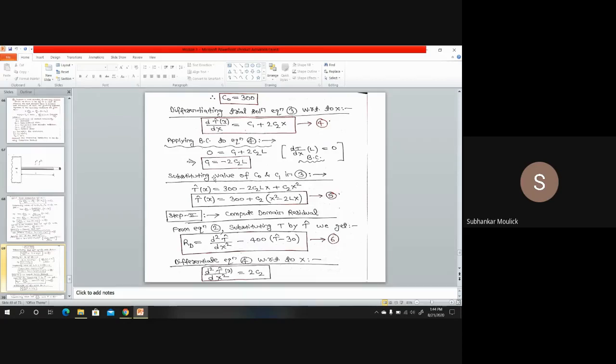So I have written C1 in terms of C2, that is minus 2C2 into L.